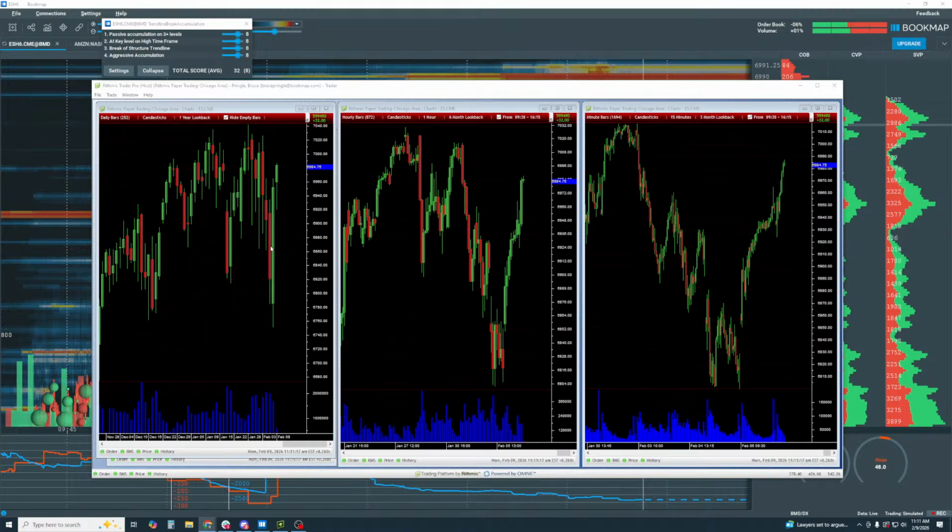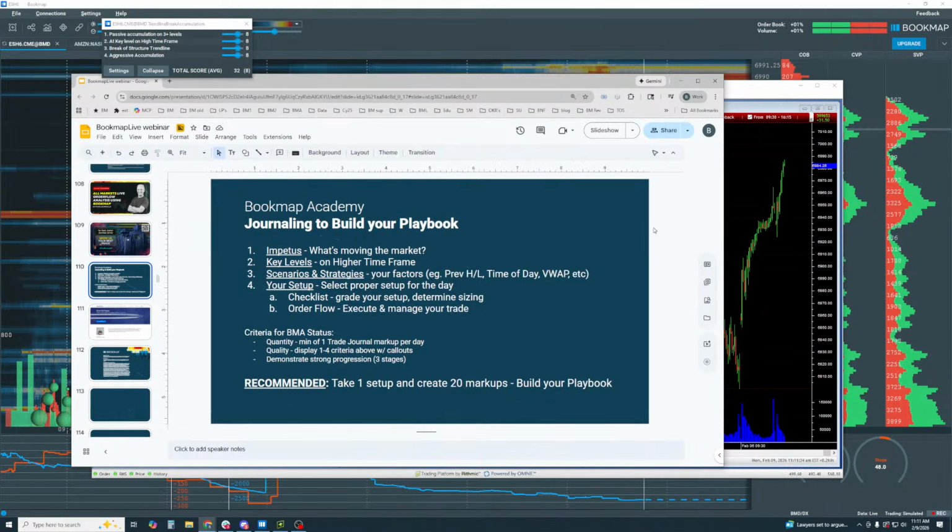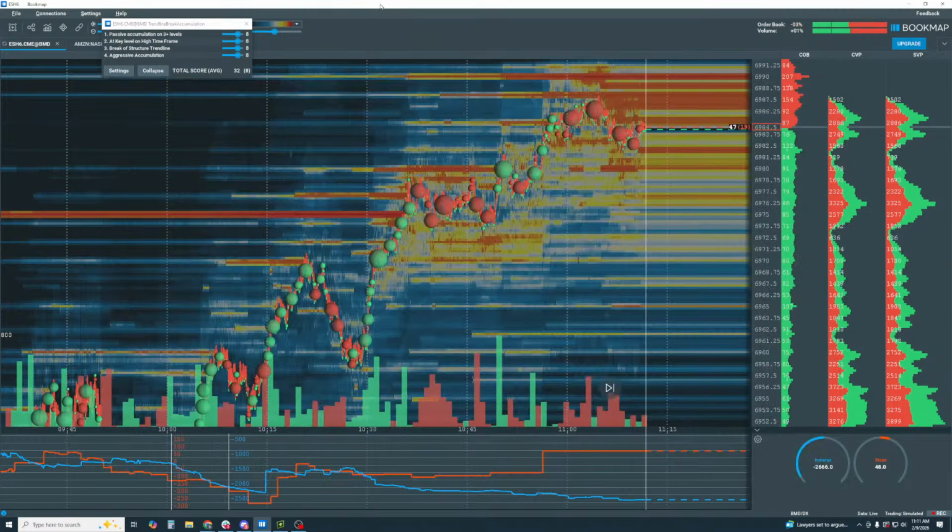So again, if we go back to this slide here about impetus and key levels and scenarios and strategies and setups, all of them, we're looking at the impetus, what's moving the markets. Understand those key levels on the higher time frames, and then start to develop some of those strategies. And then your setups are, you're going to look for some momentum moves back to the other side of the range, etc. Anyway, same process, right?